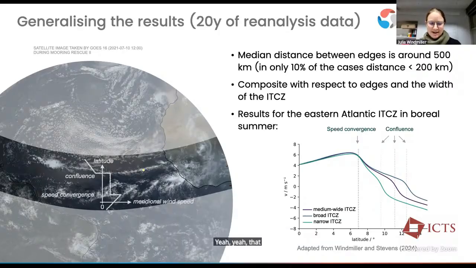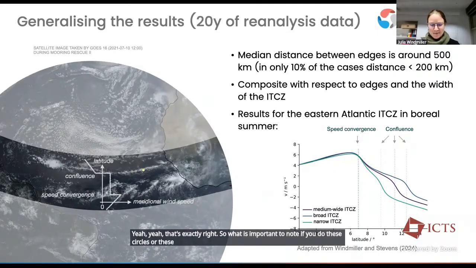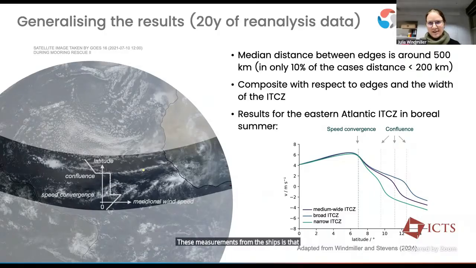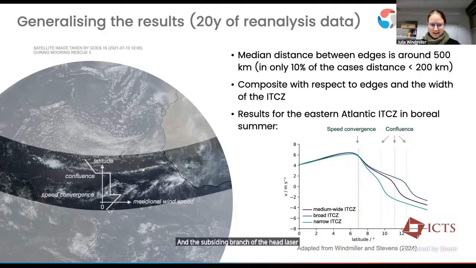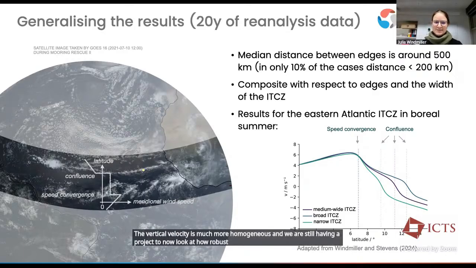Yeah, that's exactly right. What is important to note if you do these circles or these measurements from the ships is that you get a horizontally averaged vertical motion profile. This has been used really efficiently in the subsiding branch of the Hadley circulation, where you can assume that the vertical velocity is much more homogeneous, and we're still having a project to look at how robust this is, now that we have these circles that were flown around deep convective updrafts.